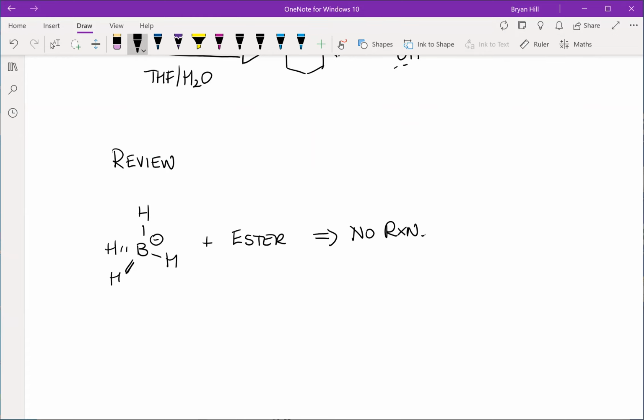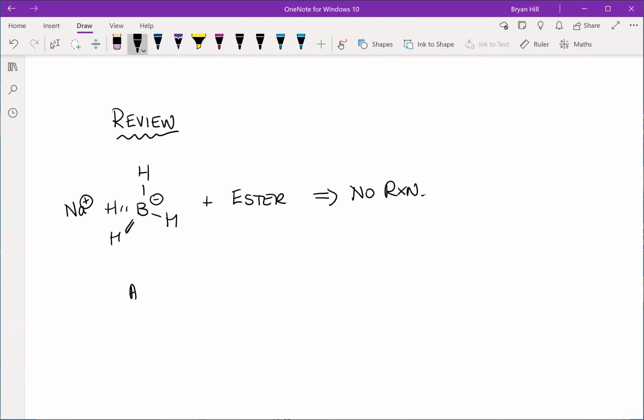It's not a strong enough reducing agent. You can find the odd occasion where it does work, but the majority of the time it doesn't. So just keep that in mind. So if you want to reduce an ester, you need to use lithium aluminum hydride.